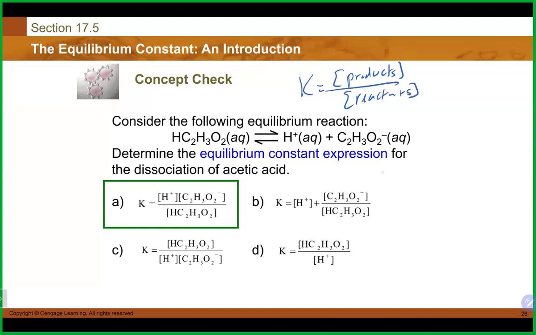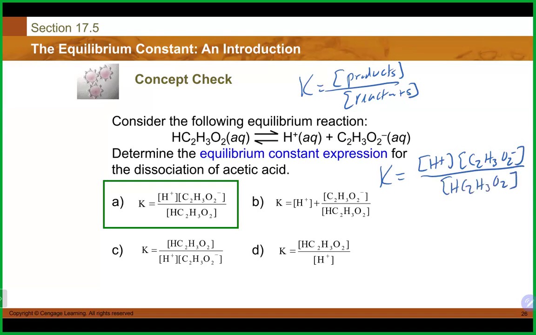In this case, on our product side, we have H+ and acetate, divided by our reactants, which is acetic acid here, I think. And that looks like the one box there, which should be A. Again, products over reactants, not the opposite way around, right? So not like that one.